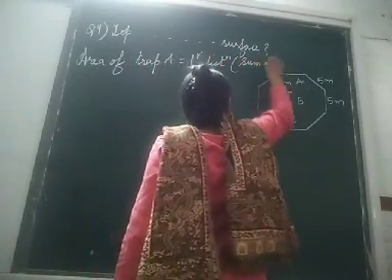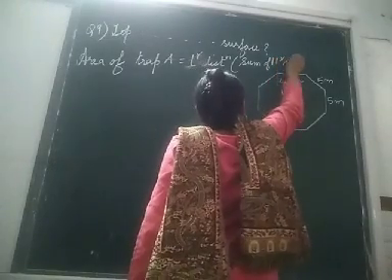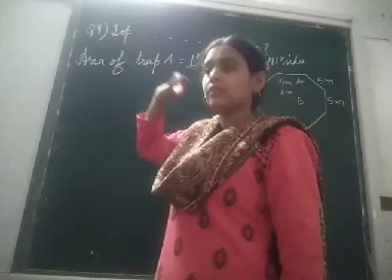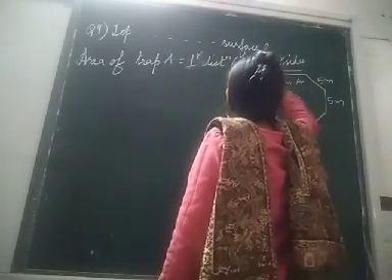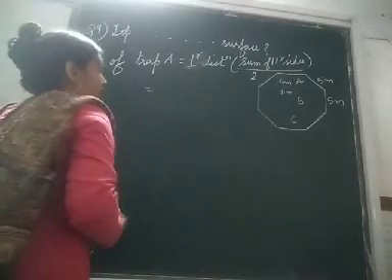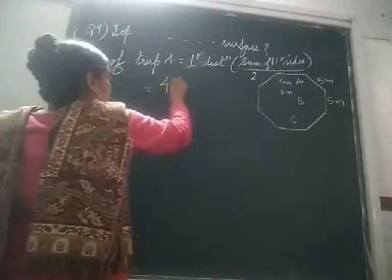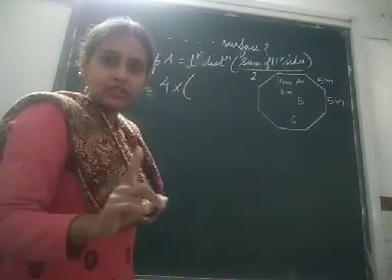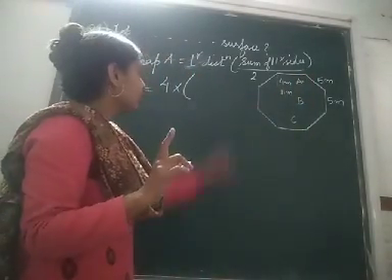sum of parallel sides. So perpendicular distance is 4 into sides. This is 5 because it's a regular octagon, each side is equal.